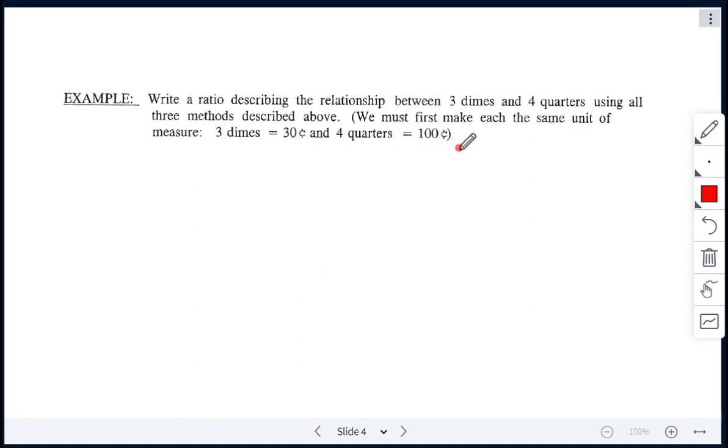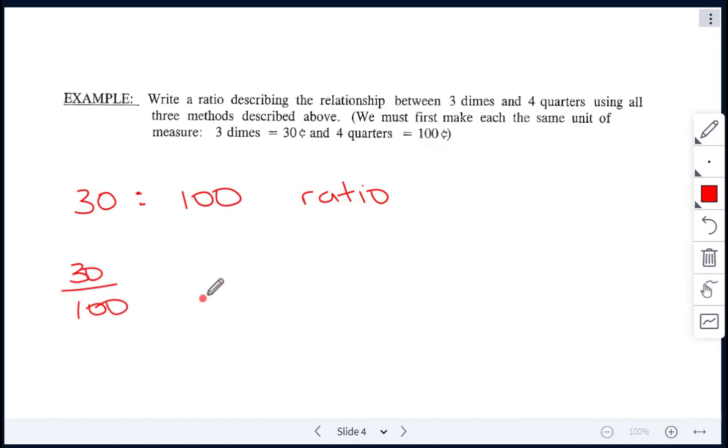All right, so when we write this now, we can write it as our ratio method. So it would be 30 to 100. Okay, that's our ratio method. We can write it as 30 out of 100. That would be our fraction method.